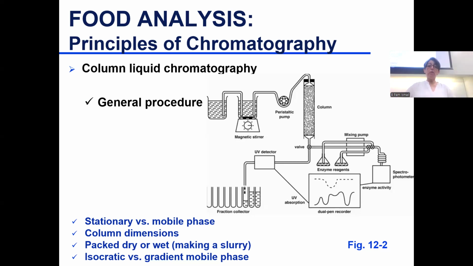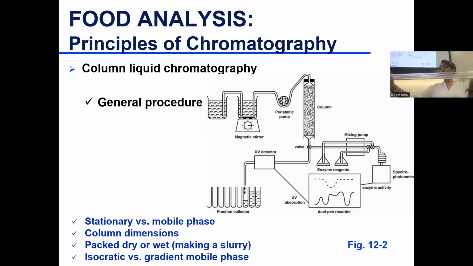In liquid chromatography, you have different columns, literally columns, and they come in different sizes. For low pressure chromatography, you pack your column. You can buy packed columns, but usually you pack your own column with stationary phase.